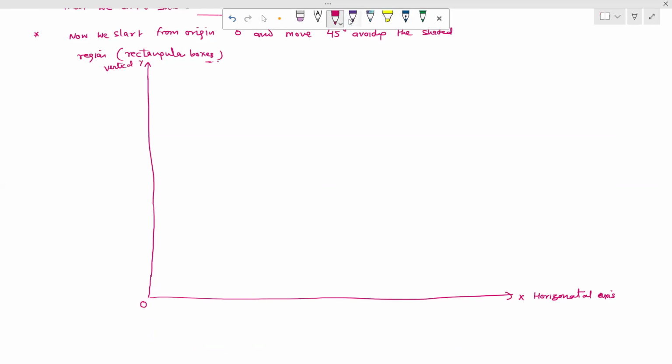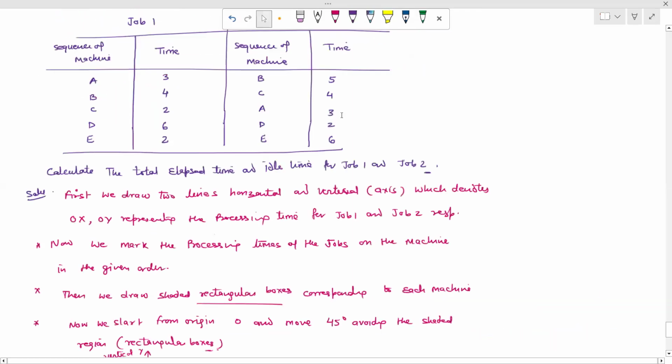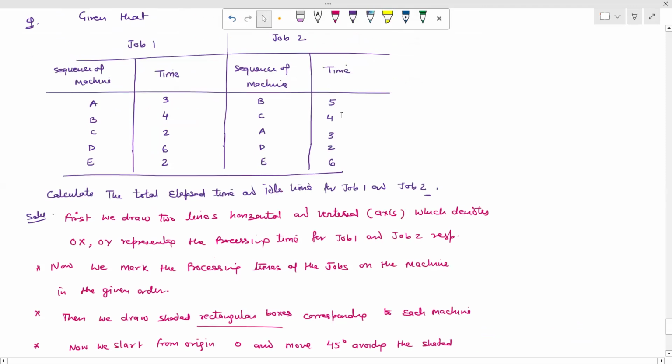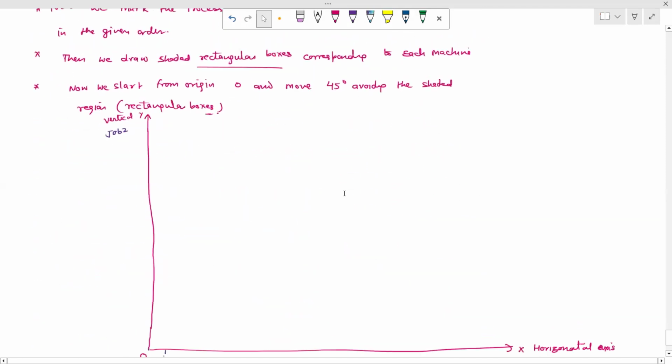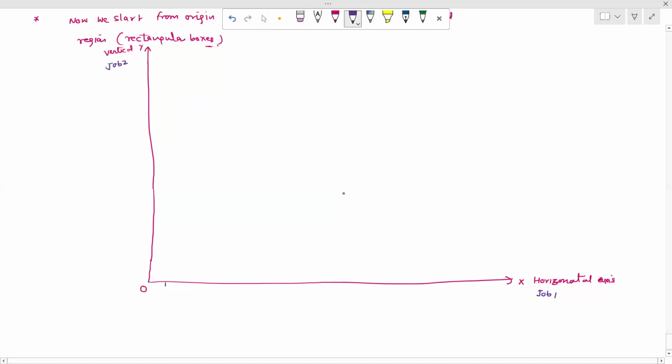The horizontal axis we take for job 1 and the vertical axis for job 2. Now we take a scale. The total time for job 1 is 3, 4 is 7, 2 is 9, 6 is 15, and 2 is 17. For job 2, it is 5, 4 is 9, 3 is 12, 2 is 14, and 6 is 20. So job 2 has 20 and job 1 has 17.